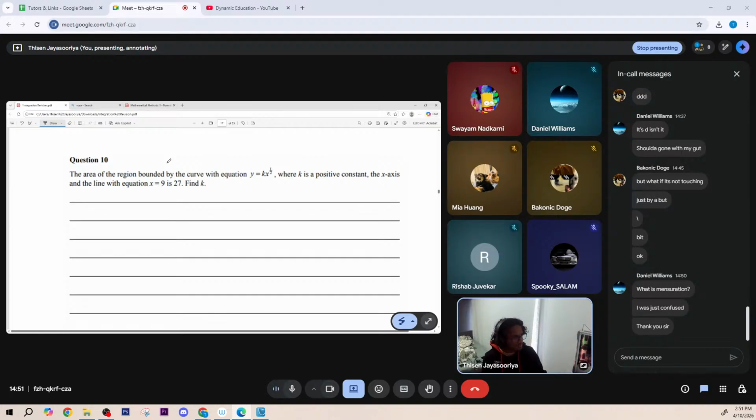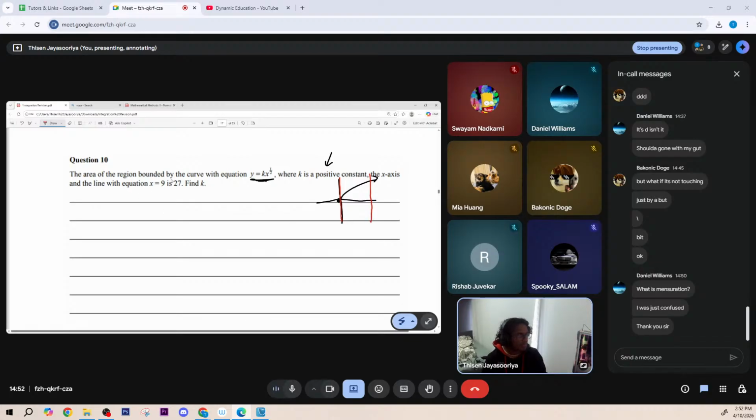A sketch of this function is going to look like this, because it is a square root graph where k is positive, and our boundaries are the x-axis and the line x equals 9.